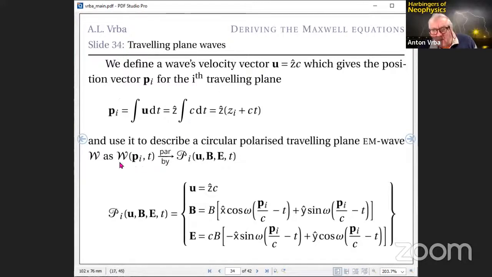Putting this into the parameters, I have the velocity is in the z direction c, and b and e take on these forms. The cross products, it has to be in this form so that those three equations all work out.